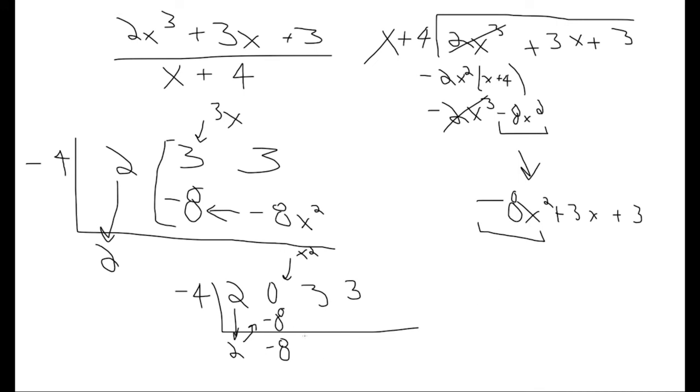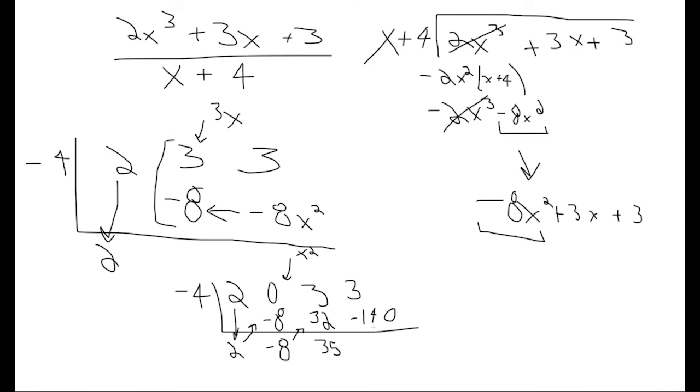So then what we would do, I'll just continue it using our faster method, and then we would say negative 8 times negative 4, that's 32. Okay, then we get 35. 35 times negative 4 is negative 140. Okay.